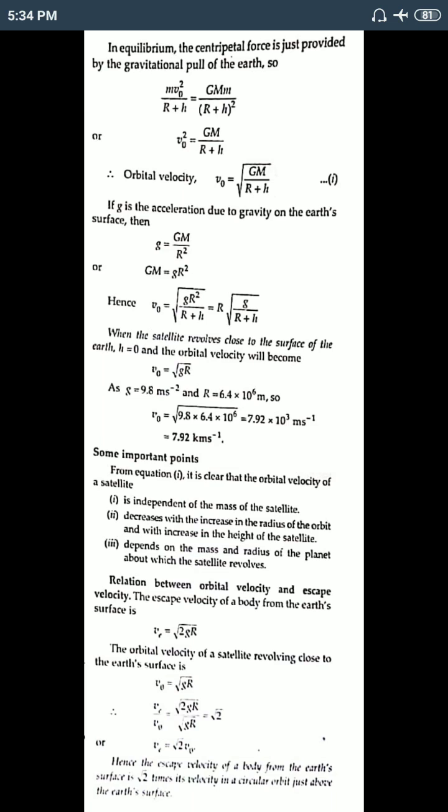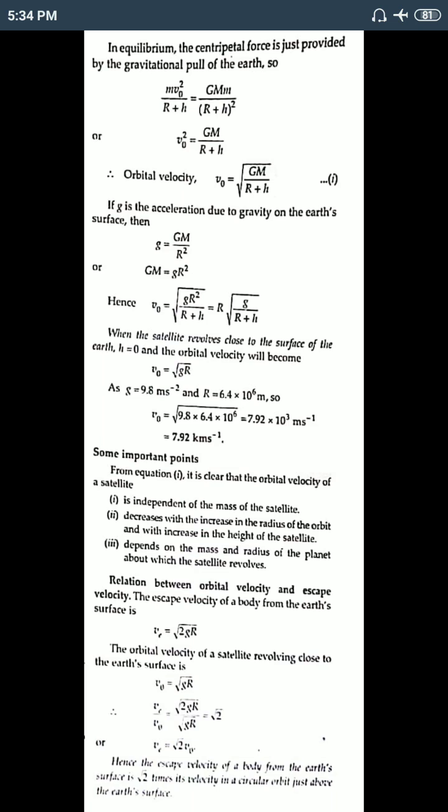In that condition, the V0 expression will be root under gR. If we put in the values of g and R, we get the orbital velocity, that is 7.92 kilometer per second. This is the expression and the value of the orbital velocity of a satellite.